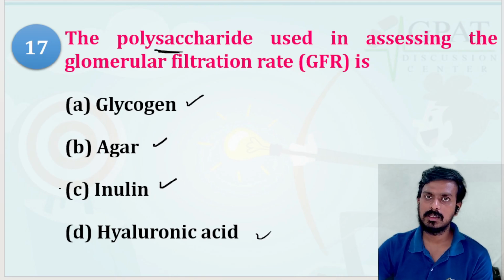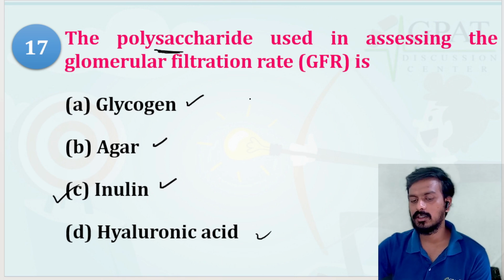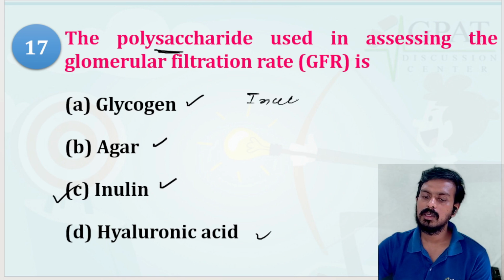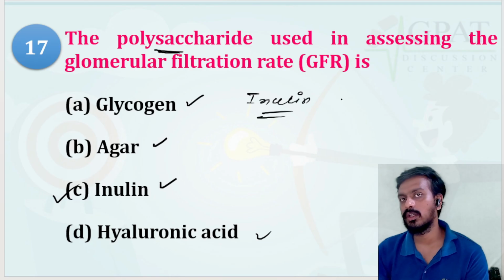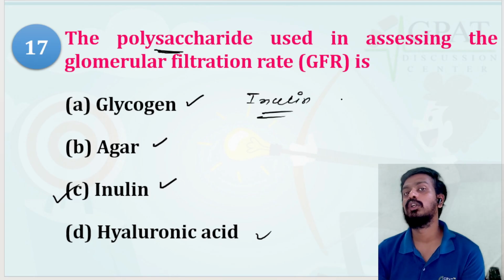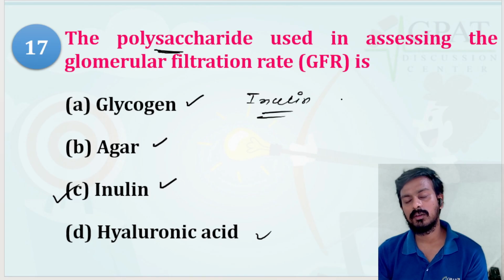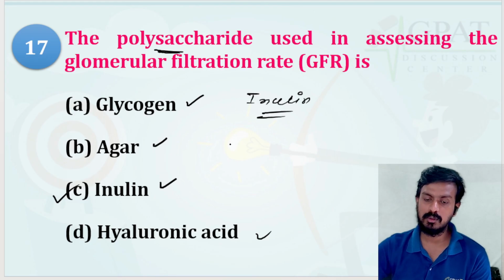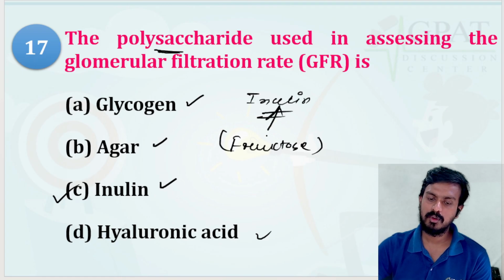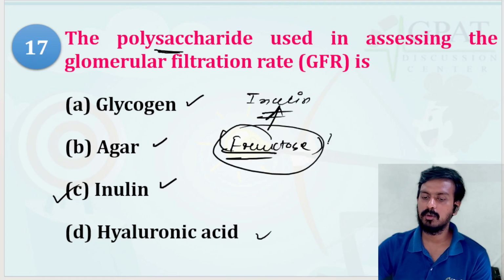Option C is the correct answer. Inulin is used for assessing the glomerular filtration rate. One point I want to highlight is that inulin is a polymer of fructose. Please note it down.